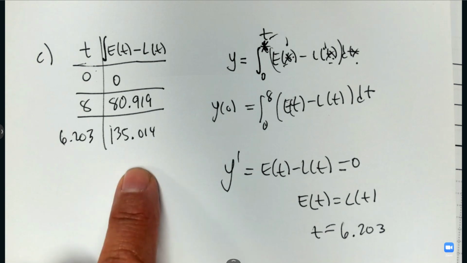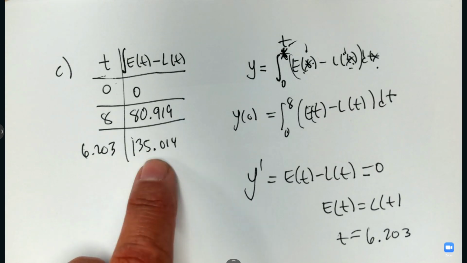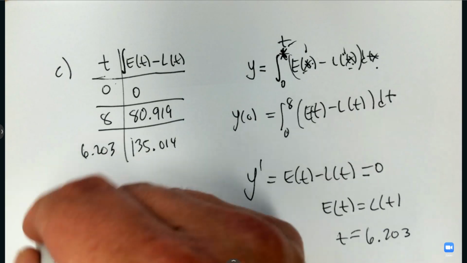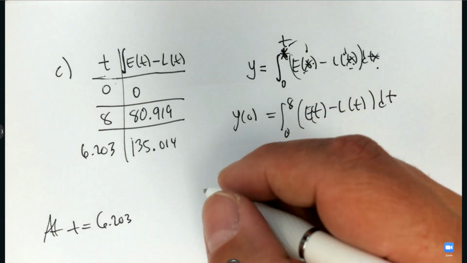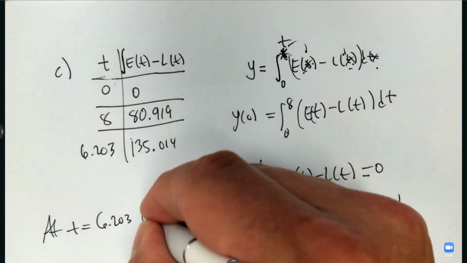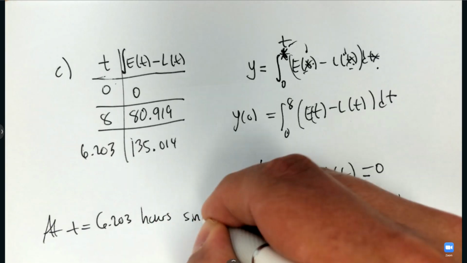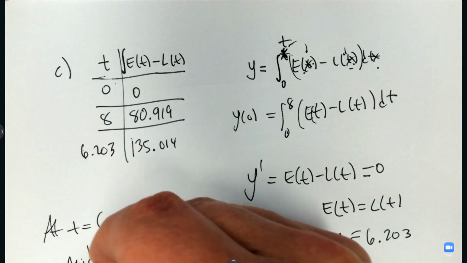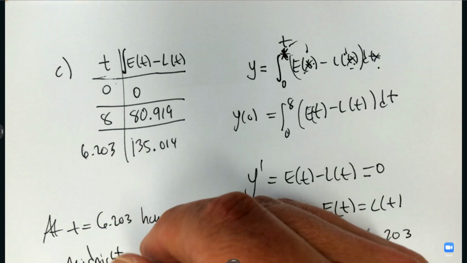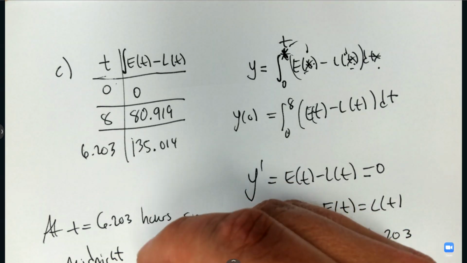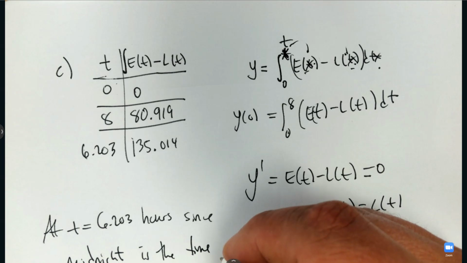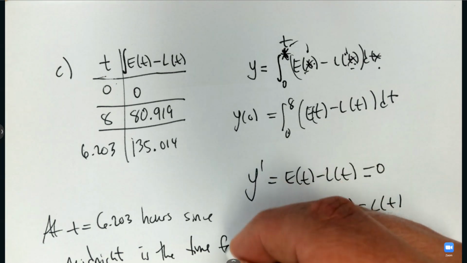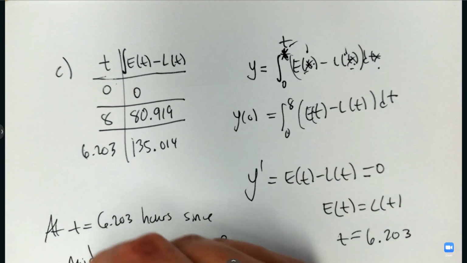So at what time do we have the most amount of fish in the lake? And the time is there. So at t equals 6.203, and the unit is in hours since midnight, is the time for the greatest number of fish in the lake.